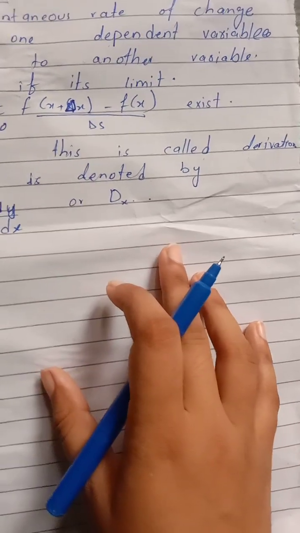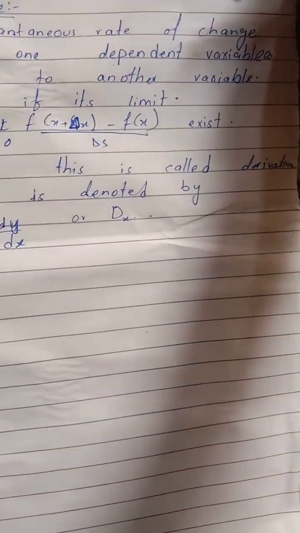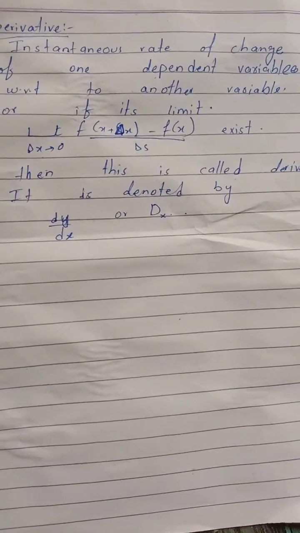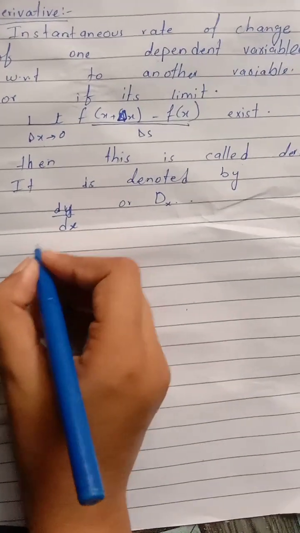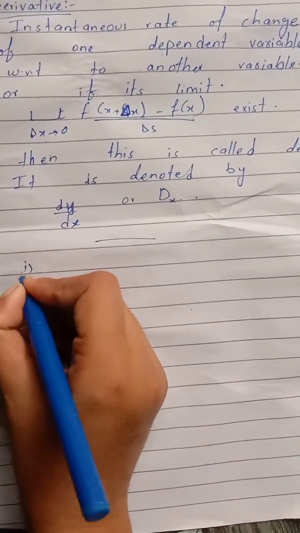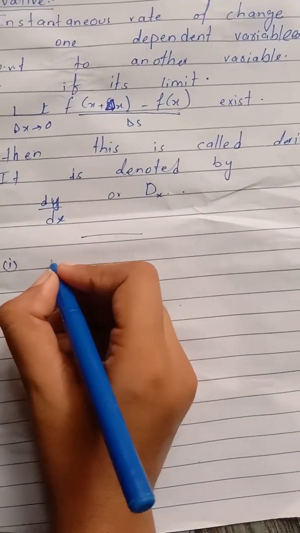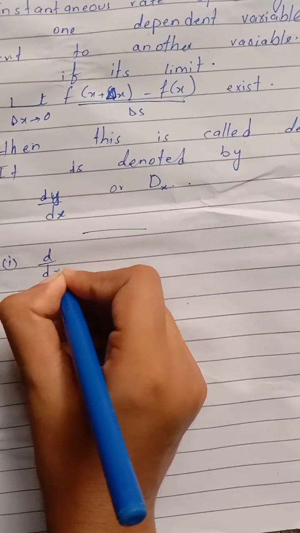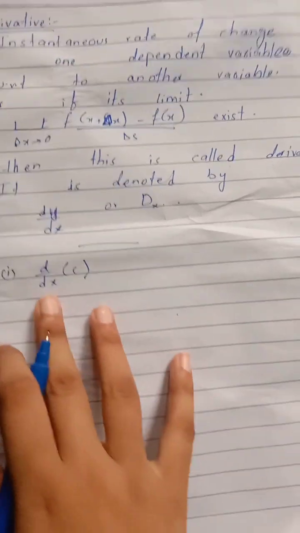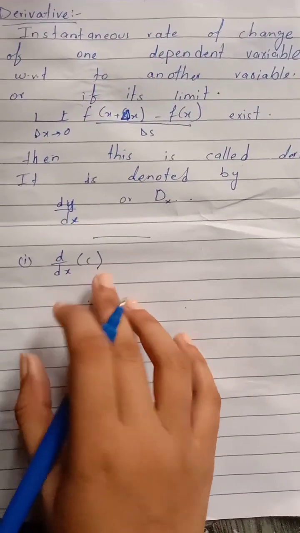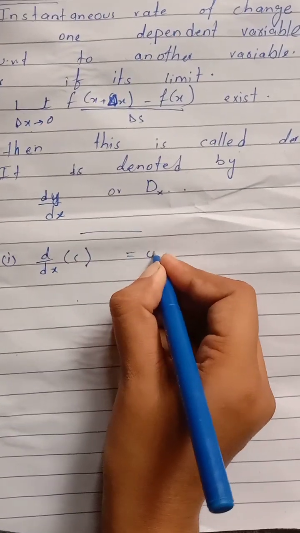Now we consider some important formulas for derivative that we'll use in questions and exercises. What is the derivative of a constant function? It is an important MCQ. Let's say we have any constant c, then the derivative of a constant function must be 0.